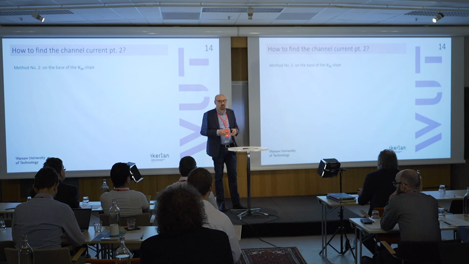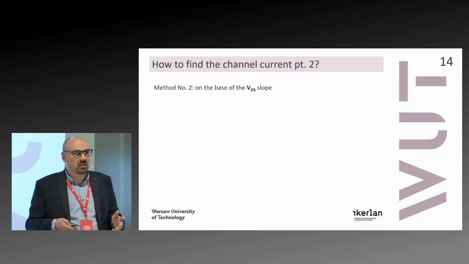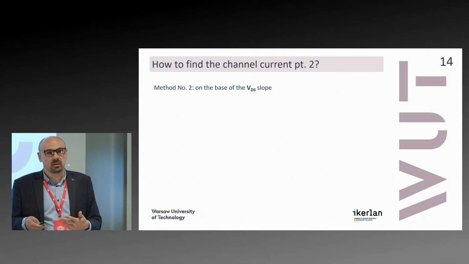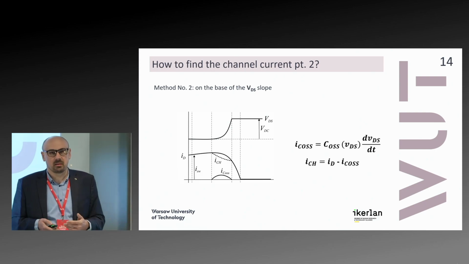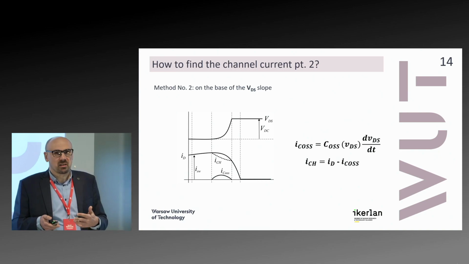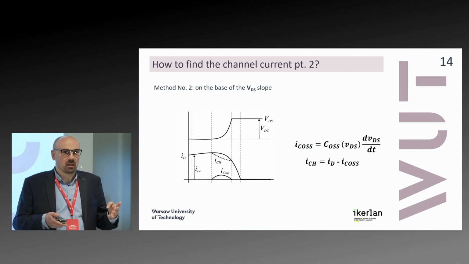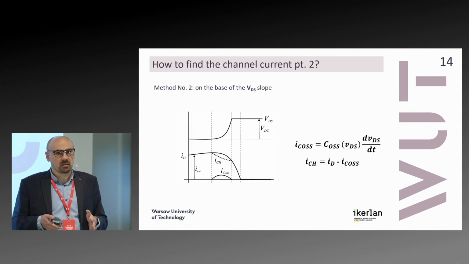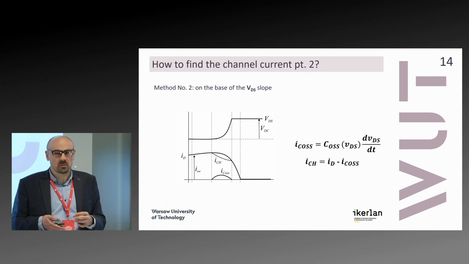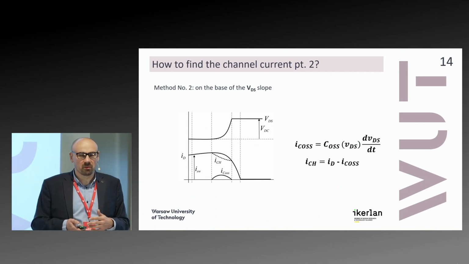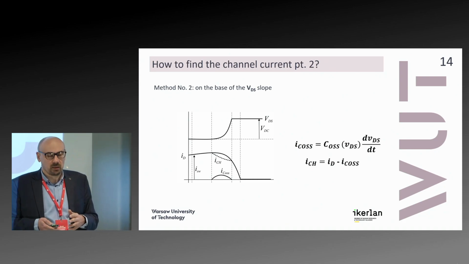So the other method is to use the VDS slope and capacitance characteristics. It's just much simpler. The only condition is that you need to have this characteristic, capacitance versus drain source voltage, which for these high voltage or medium voltage power modules is not so common.